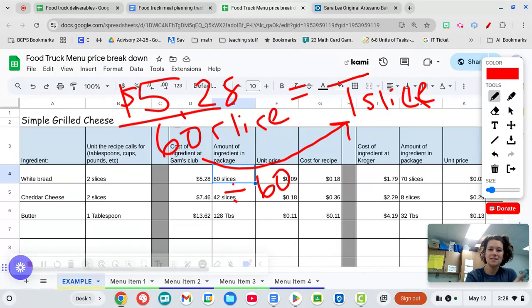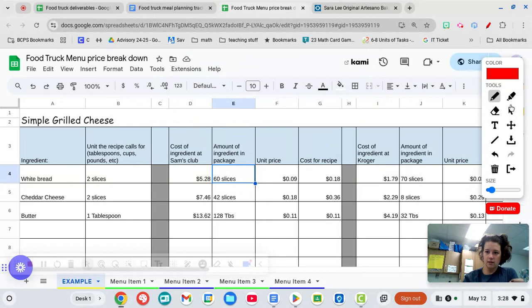Since I'm getting it 60 times smaller for the bread, I also have to get 60 times smaller for the cost. Pretend that says 60 up there because my pen won't work. So I would go to Desmos and I would do 5.28 divided by 60, and that's where I get this 9 cents. So 1 slice of bread cost me 9 cents.